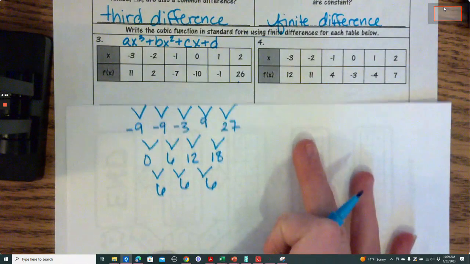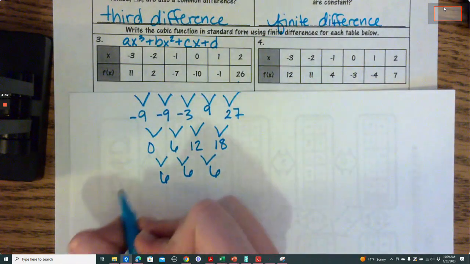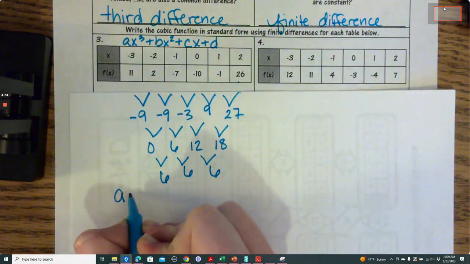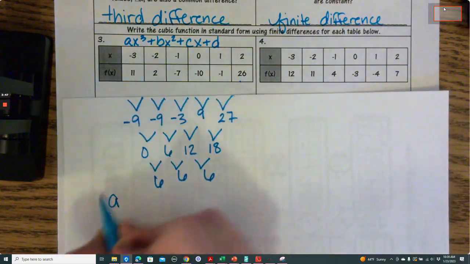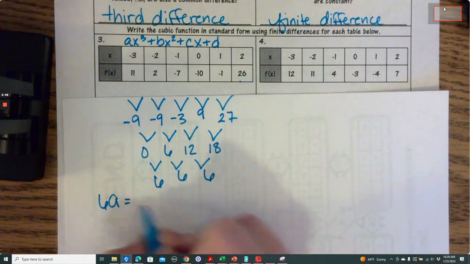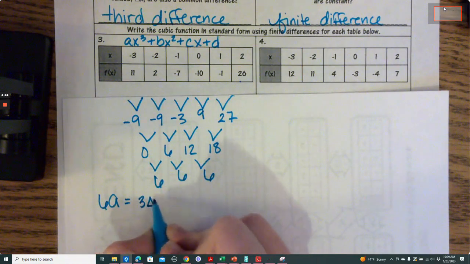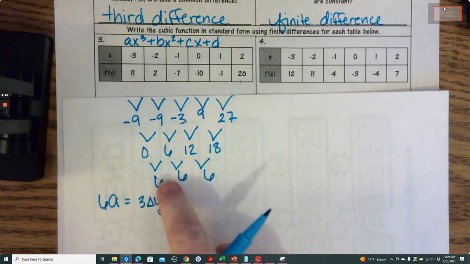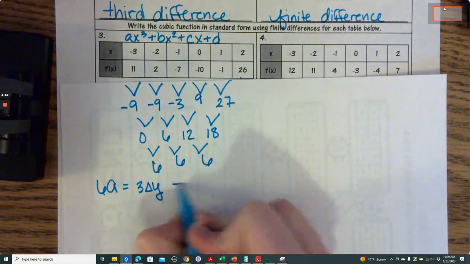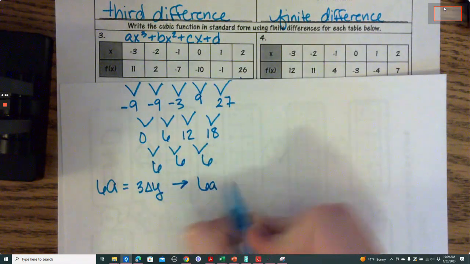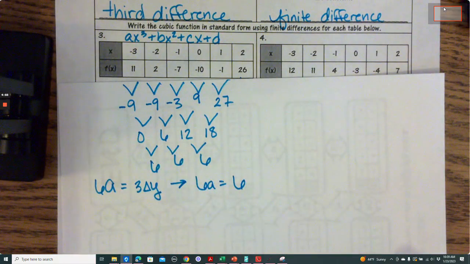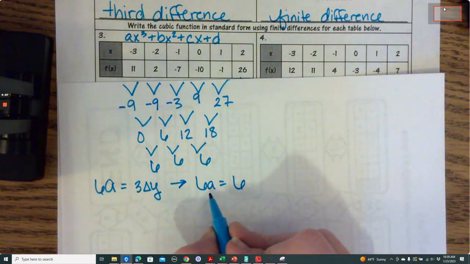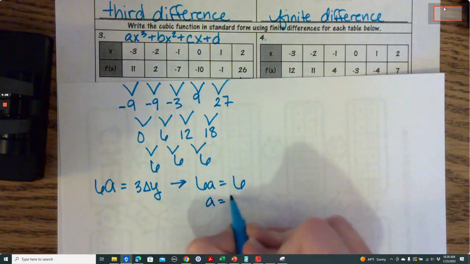Somewhere on your paper write down a equals. 6a equals that third change in y, so that third common difference. 6a equals whatever that third change in y is. So that means a equals 1.